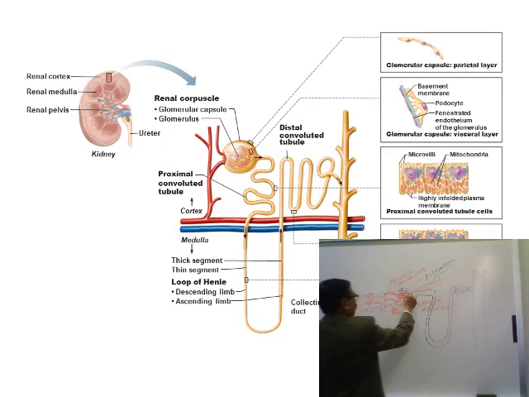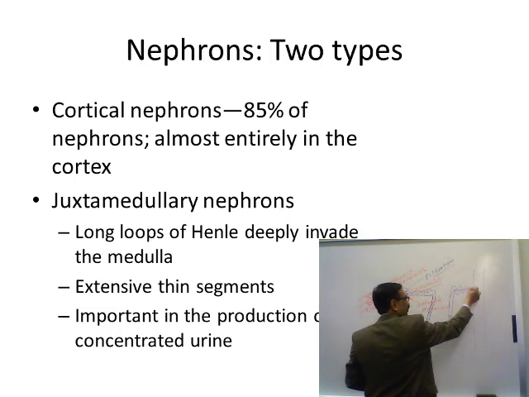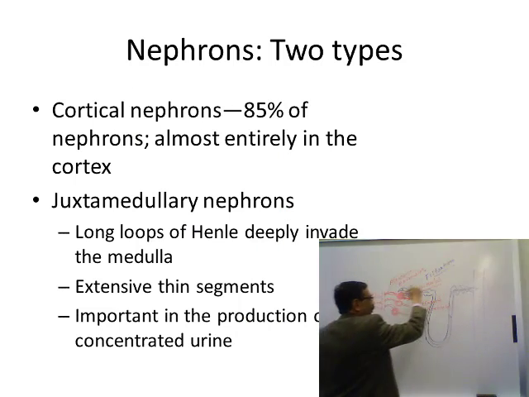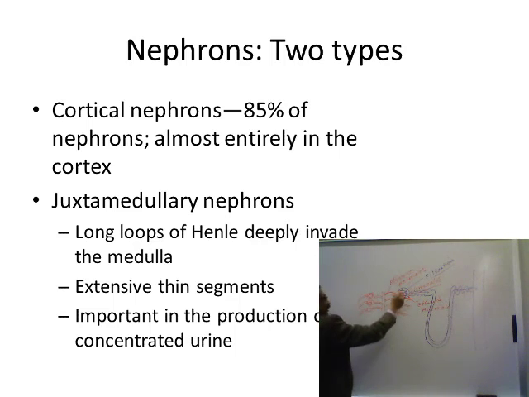Now, after the fluid enters into the first part of the nephron, the fluid will start to travel through the nephron this way. Okay, so that's the way the urine will flow. This part is covering the glomerulus.